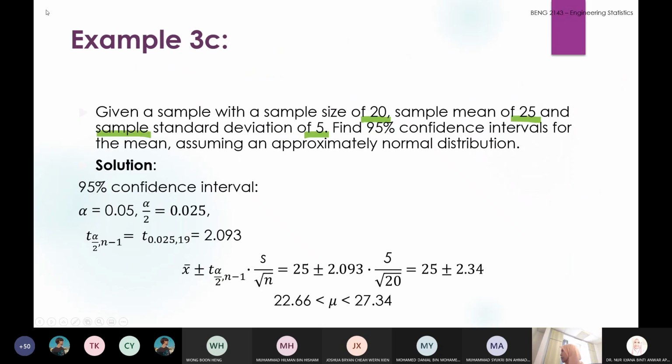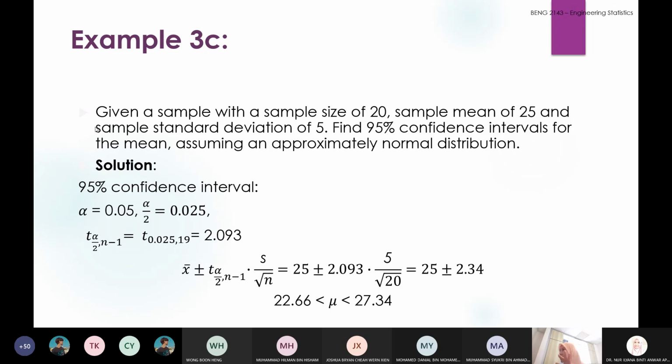Okay, let's use this example. This example already comes with a solution, never mind. At least we can be confident on how to extract all the important information from the statement.